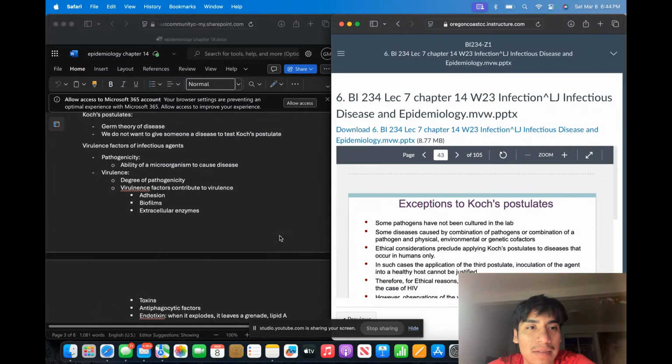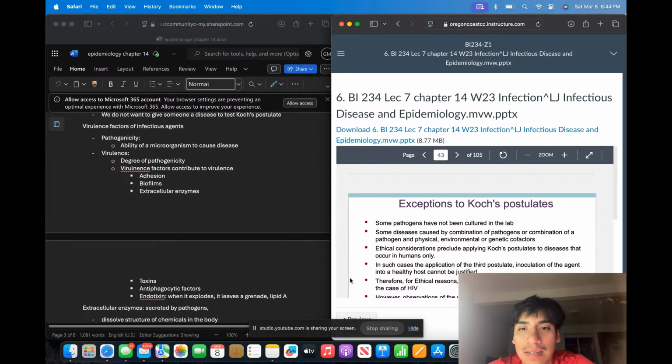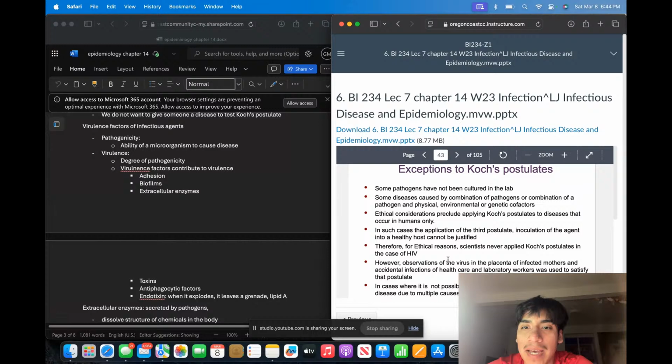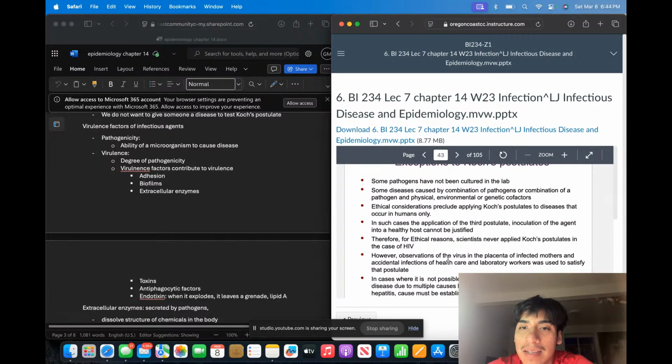All right, here we are. Exceptions to Koch's postulates. Some pathogens have not been cultured in a lab. Some diseases are caused by a combination of pathogens, or a combination of pathogen, physical, and environmental factors. Ethical considerations preclude applying Koch's postulates to diseases that occur in humans only. So if it occurs in humans only, you can't really test it on rats, which is the workaround for some of the other nasty viruses. So yeah, it's just interesting.